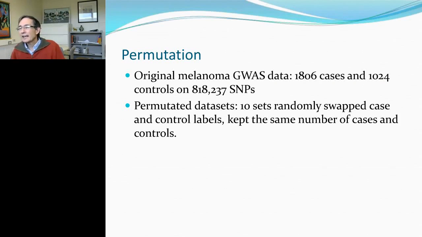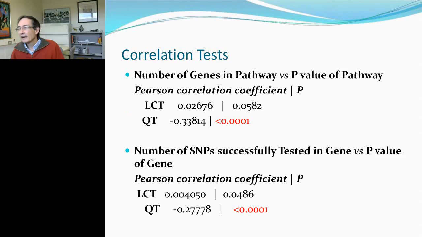We took the cases and controls in the original data set and permuted those, swapping the labels. When we did that, we found, unfortunately, a very strong correlation between the number of genes in a pathway and the significance, and even the number of SNPs in a gene and the significance.